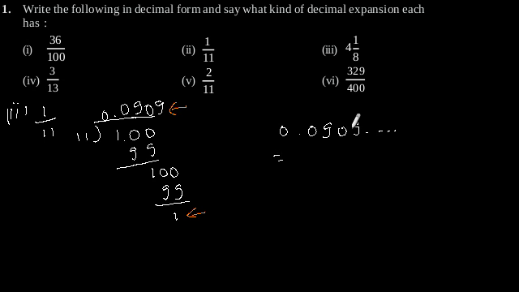And since 09 is repeating, we can also write it as 0.09 bar. And this decimal expansion doesn't terminate, so we will say that the decimal expansion is non-terminating.